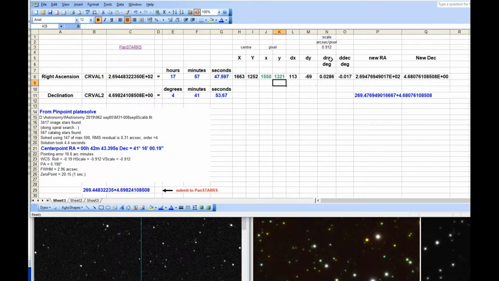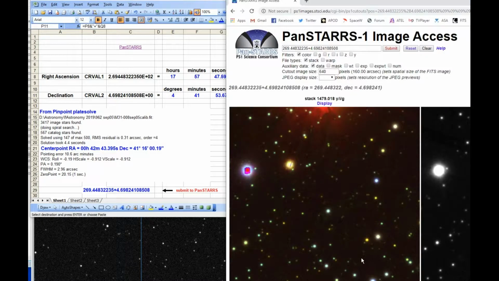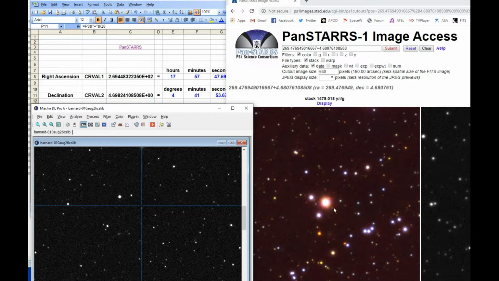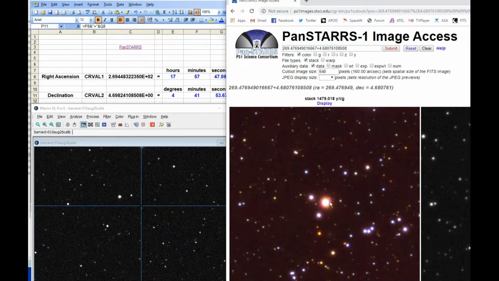So it recalculates as just delta x, delta y, what have you. There is the new coordinates into PanSTARRS, and there we go. There they are sitting there. So that's that little bit there.